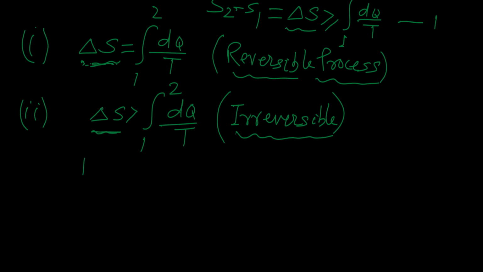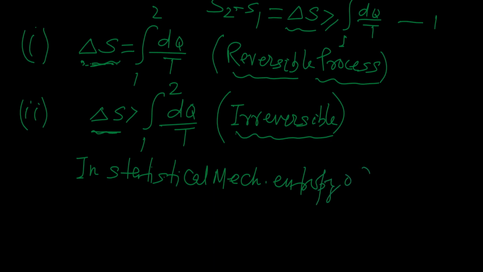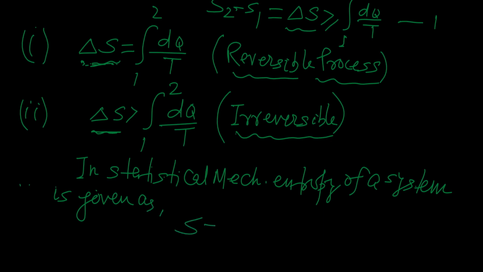In statistical mechanics, entropy of a system is given as S equal to K ln omega.